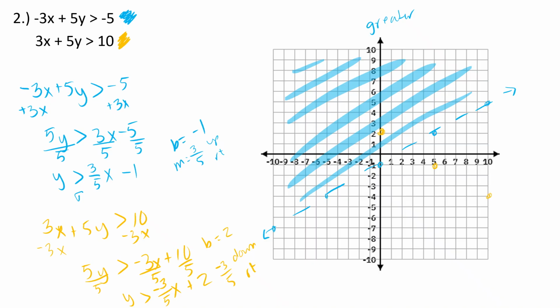And to keep my line straight, we'll go up 1, 2, 3 and back 1, 2, 3, 4, 5. There we go. This will also be a dashed line, so I'll make sure that line is dashed. And for our shading, we are looking at greater than again, so we're looking at above the line.